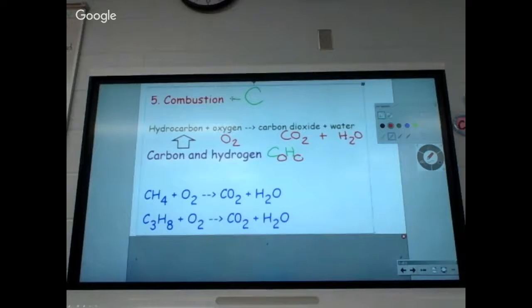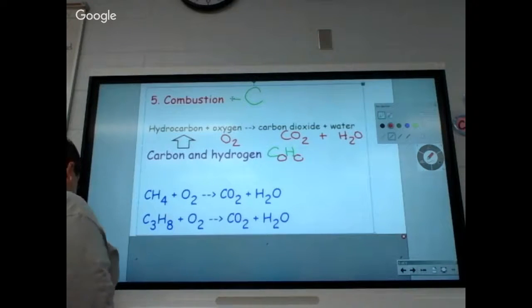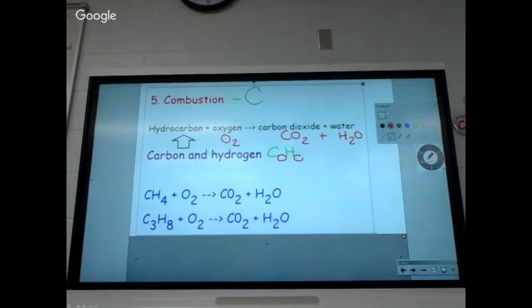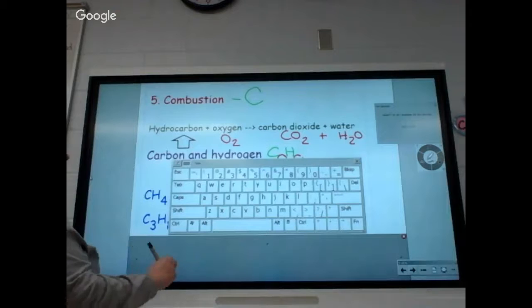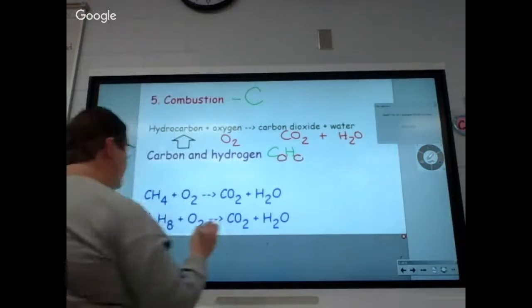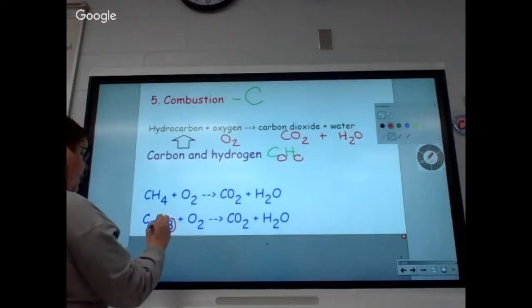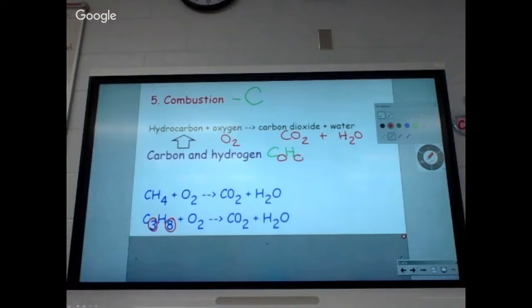Yes. It just got different numbers. The only thing that's different are these little numbers. That's the only thing that should be different. Everything else should be the same. Okay? That's it.